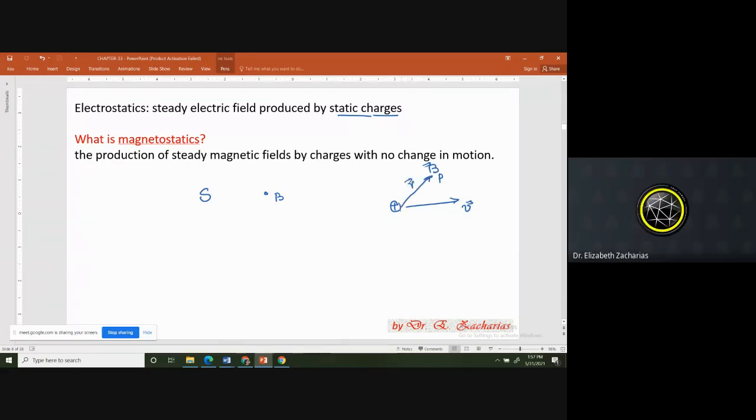At this instant r vector is this. Next instant r vector will be this. This instant angle is this. Next instant the angle is something else. So the magnetic field keeps changing. The magnetic field at a point keeps changing when you're talking about a magnetic field produced by a moving charge. So that is not magnetostatics.